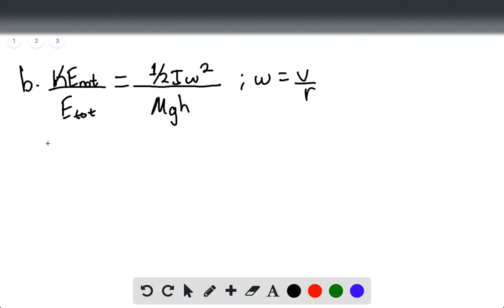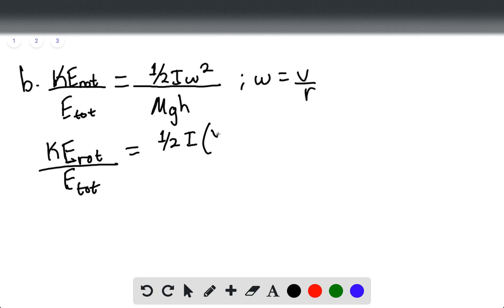So KE rotational over E total is going to equal 1/2 of I times (v over R) squared divided by mgh.